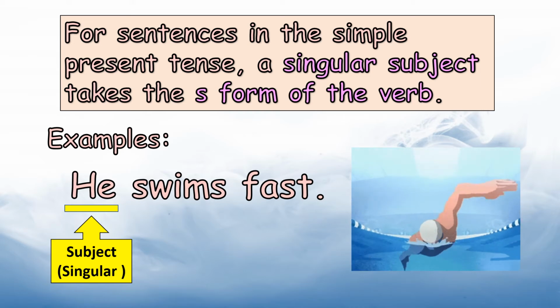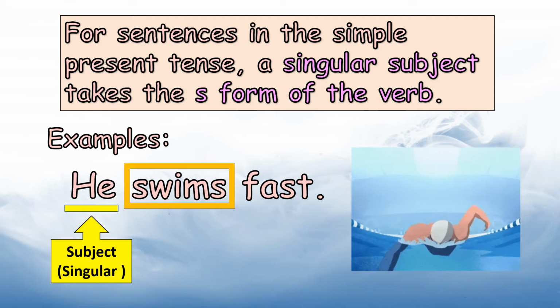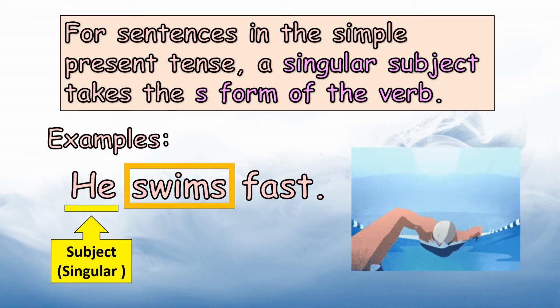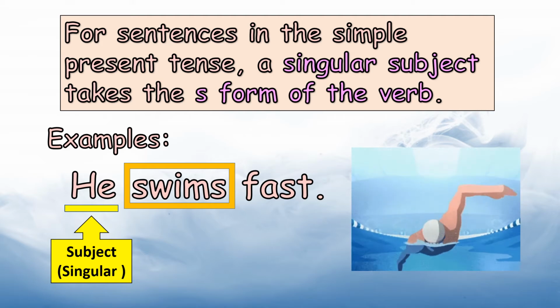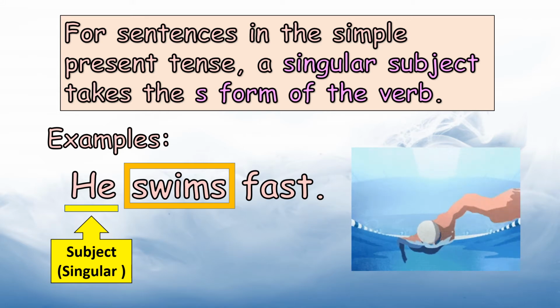How about the verb? Yes, swims. Swims is in the S form. Why? Because the subject he is singular. Always remember that the verb should agree with the subject.